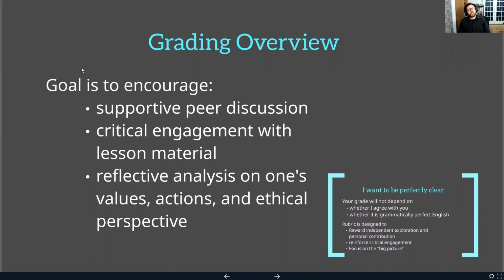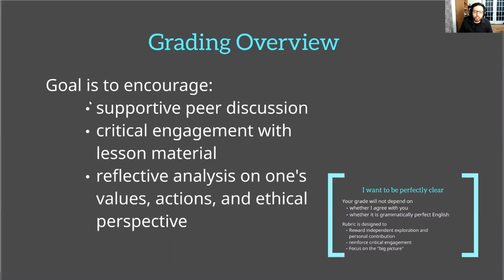So just to start, my teaching goal for the class is to foster a supportive environment where peer discussion can happen, where students feel free to express themselves honestly, where they feel empowered, encouraged to critically engage each other, to ask questions, to challenge each other's beliefs, to express differences and not just agreement.